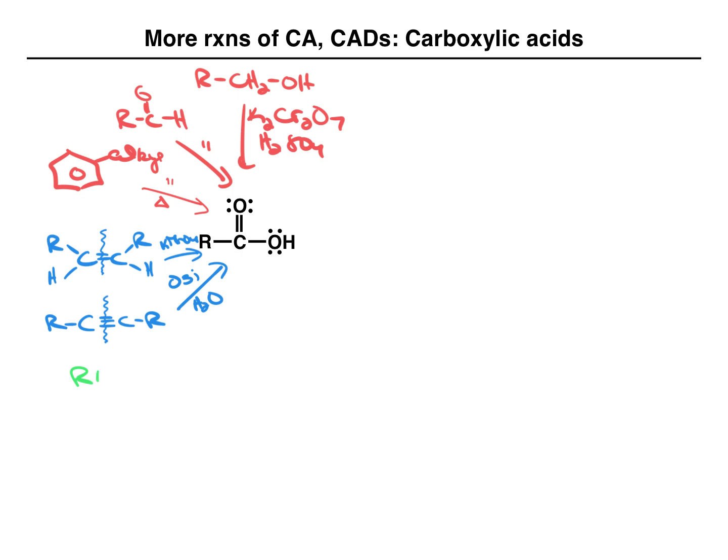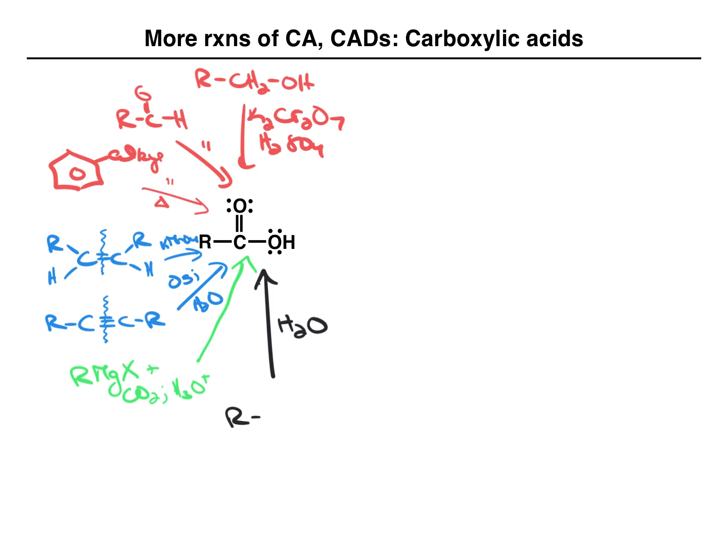Another way that we can prepare carboxylic acids is by the reaction of a Grignard reagent with carbon dioxide, followed by aqueous acid workup, and that will also lead to the preparation of a carboxylic acid. And finally, we know that carboxylic acids can be prepared by the hydrolysis of a variety of different carboxylic acid derivatives.